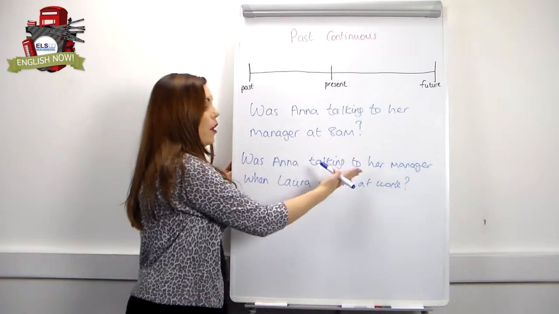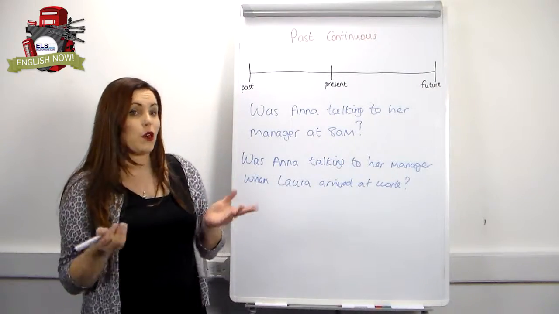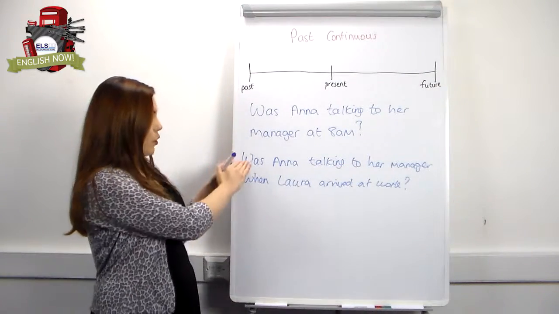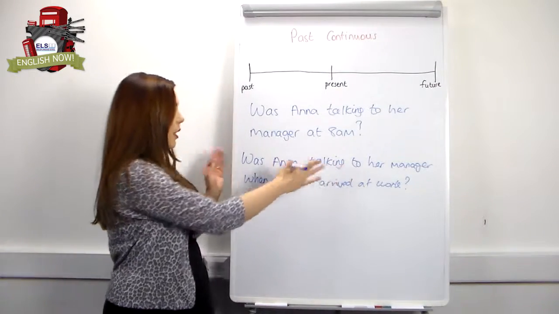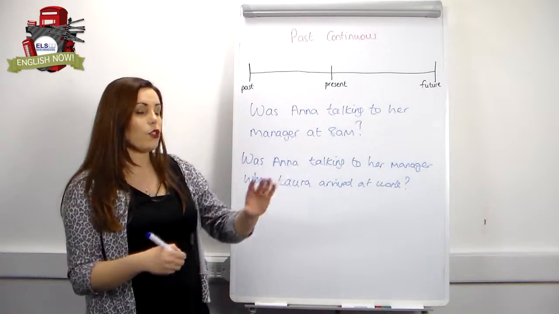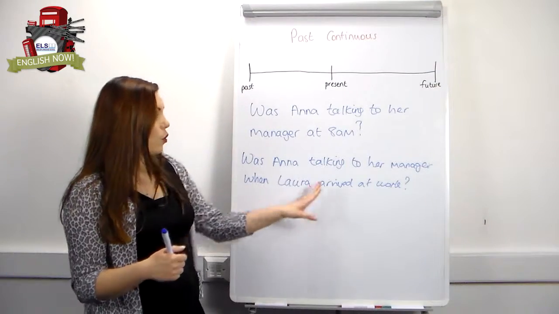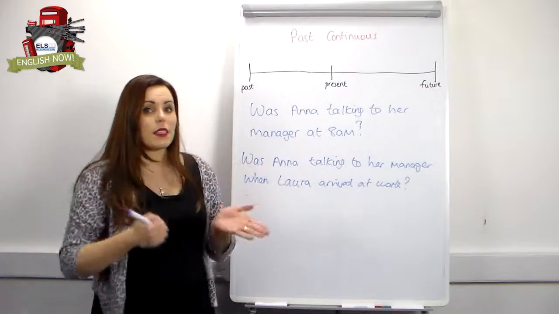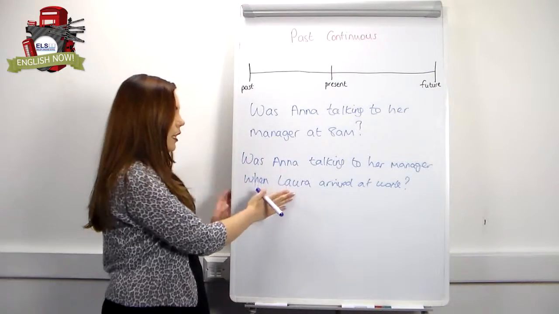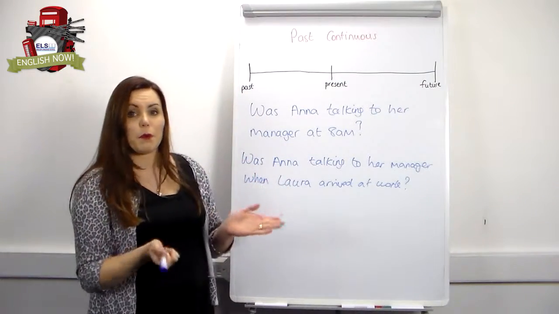So that's the only part of the sentence that we need to make into a question. We start with be, followed by the subject, the verb and ing. Was Anna talking to her manager when Laura arrived at work? The second action is still in statement form, so we just keep it as we have been before.